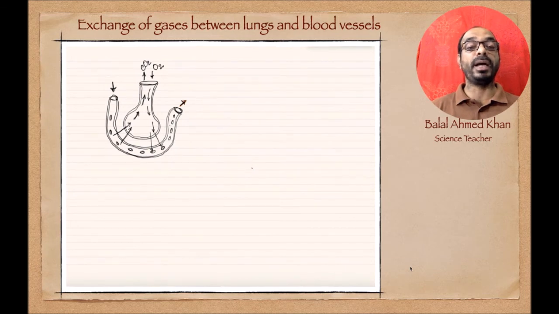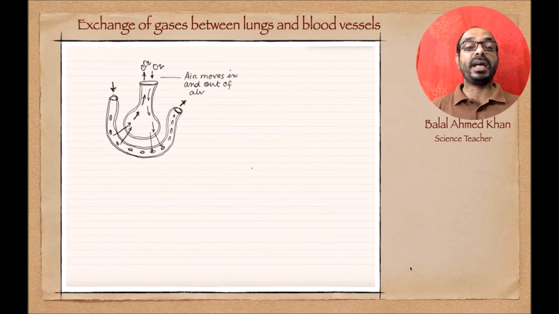It forms an unstable bond named oxyhemoglobin, or oxygen enriched blood. So the combination of oxygen and blood corpuscles forms oxygen enriched blood, or oxyhemoglobin, and the combination of carbon dioxide and RBC forms carboxyhemoglobin.